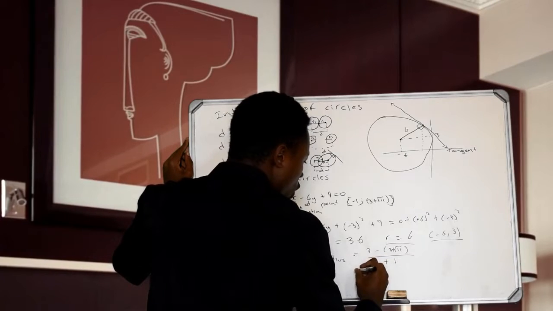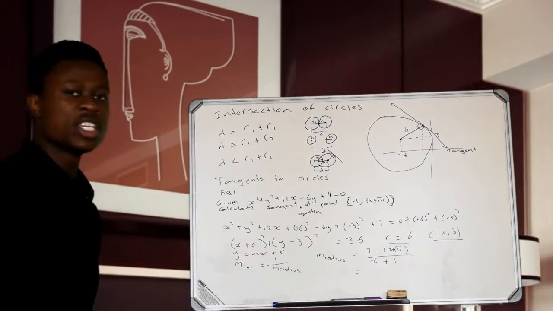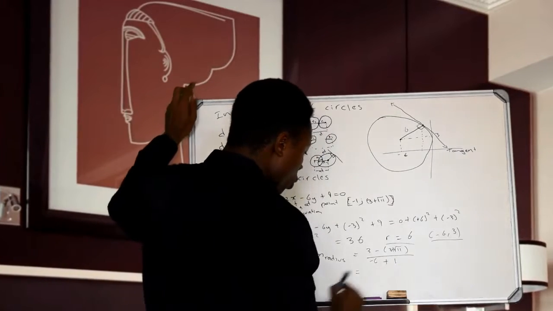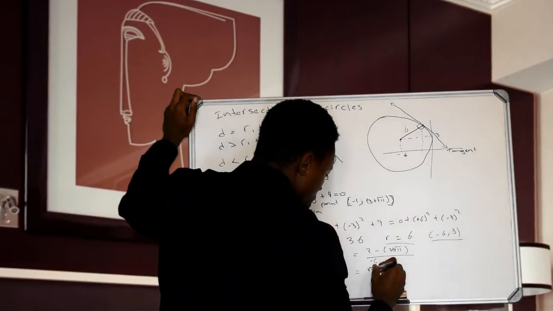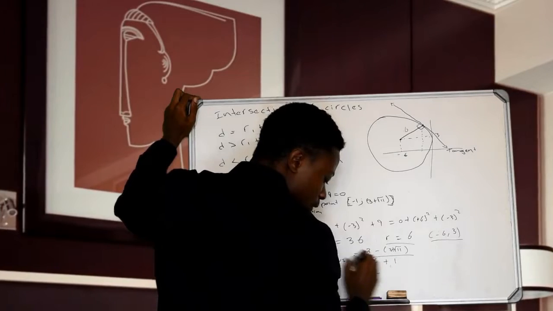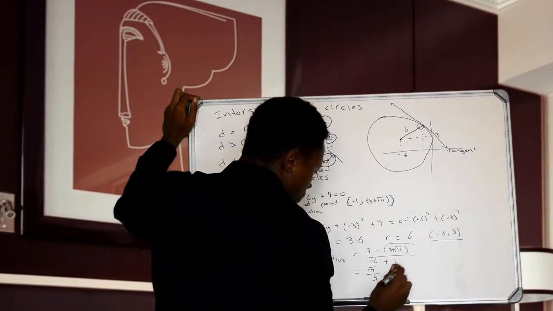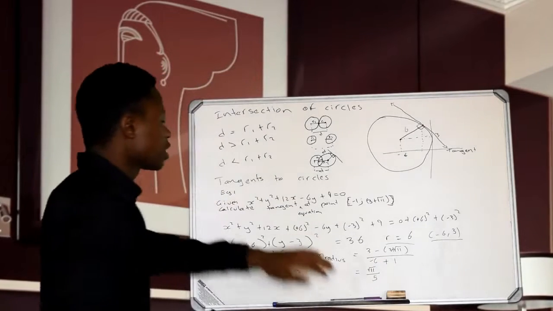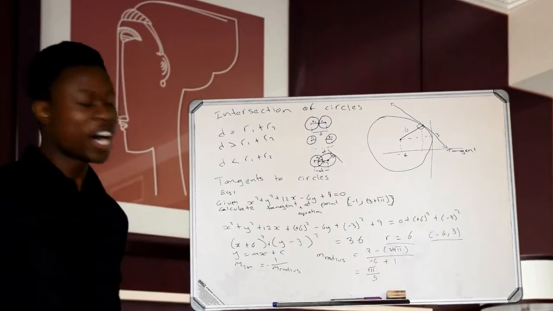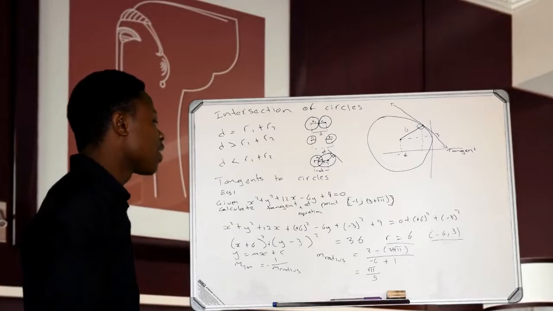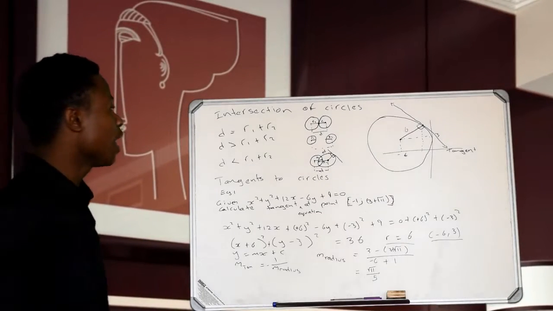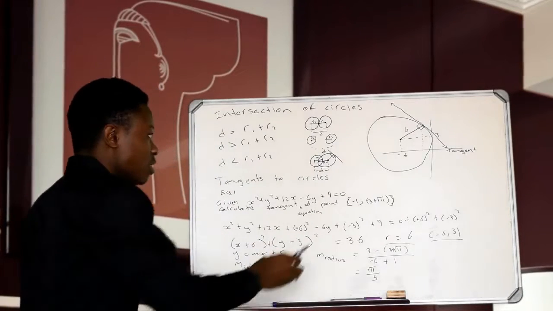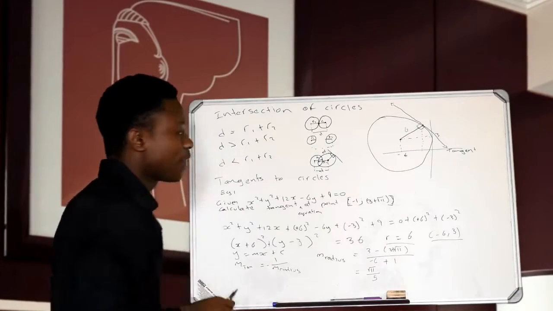So my gradient will be equal to root 11 over 5. That's the gradient of this line here. It's increasing, so it should be positive.